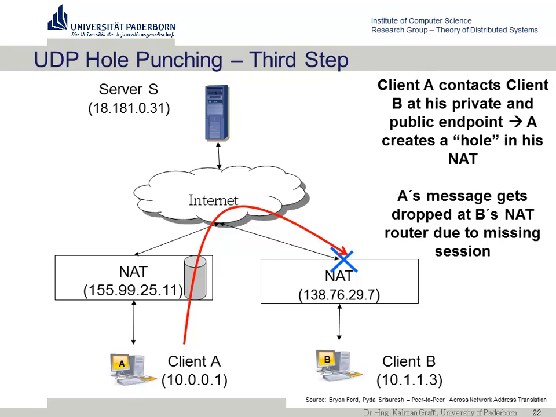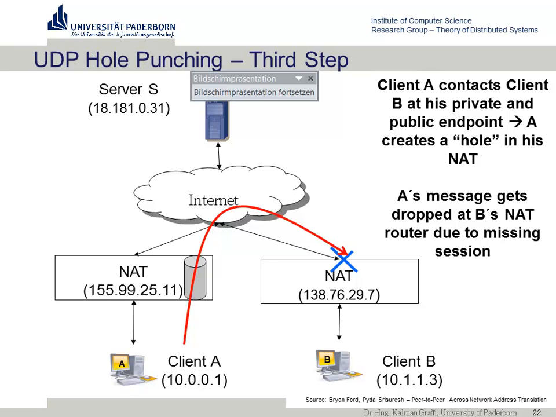Client A then assumes that it has an open connection and sends a message. Of course, the message at B is blocked, because you cannot send a message to B without having contacted him before. But with this step, A also creates a hole for a reply, and this can be used by B.